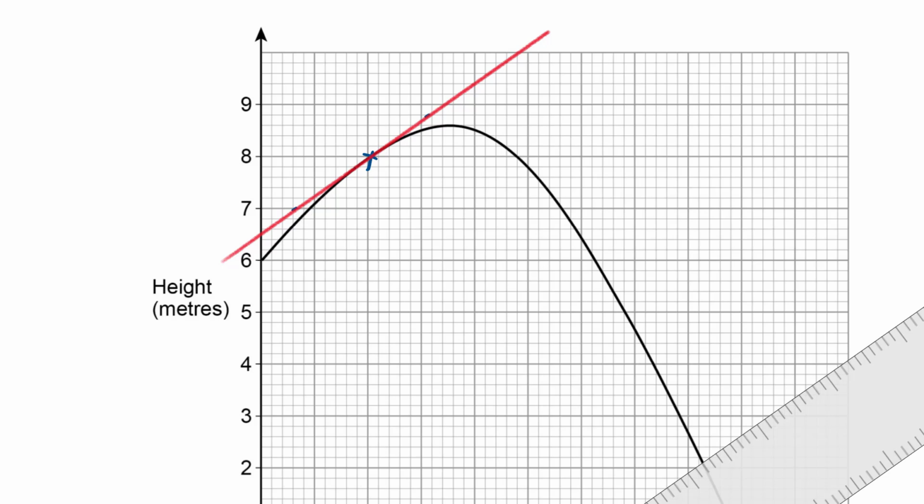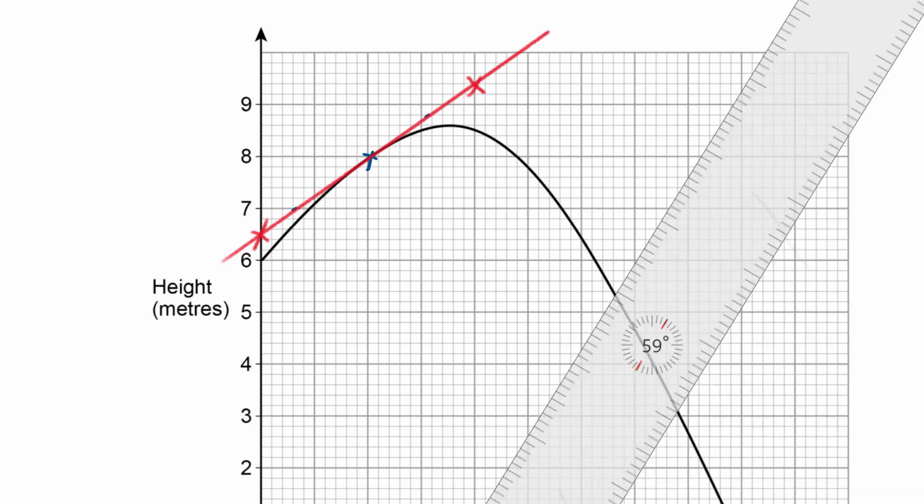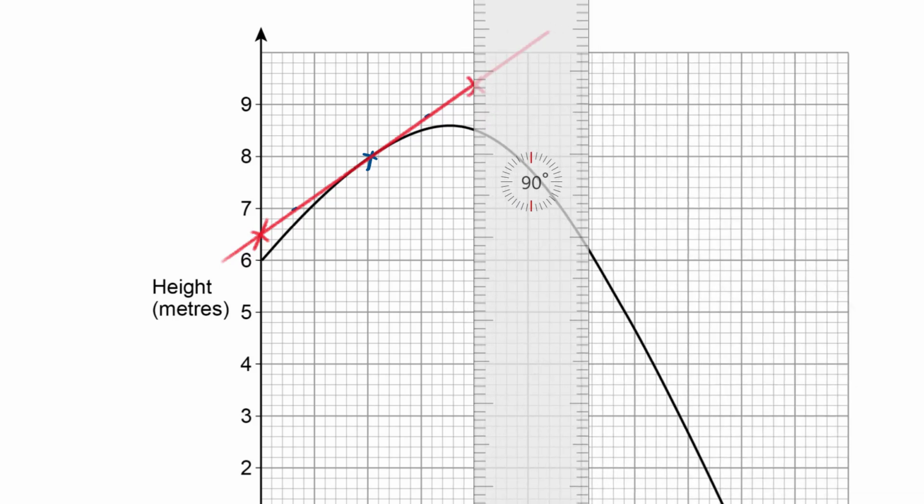And we're going to need to take 2 points on it and evaluate the change in y and the change in x. Now, I would suggest you take a point which lies on one of your known grid references. So I'm going to take this point here that is exactly at 2, and this point here which is exactly at 0. So I'm taking a good length of the line, and so I can be quite accurate.